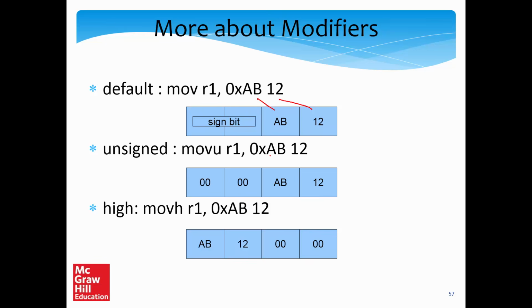If we consider an unsigned, then again the byte AB is loaded into this byte, and AB and 12 are loaded into the lower 2 bytes. But the upper 2 bytes are set to zeros, 8 zeros and 8 zeros, 16 zeros. If we consider the same thing, move H R1 0xAB12, then AB12 are moved to the two MSB byte positions, the upper byte positions, and the lower positions are set to 0.